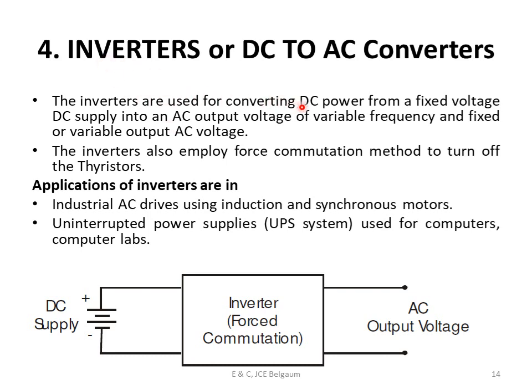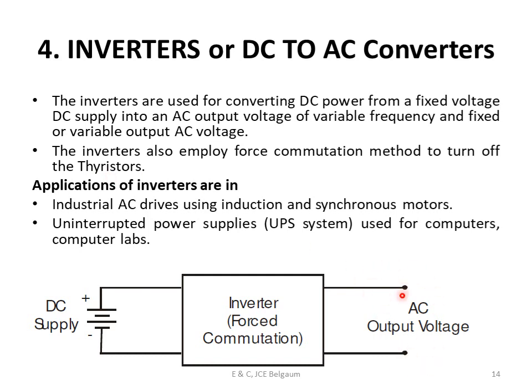So inverters are used to convert DC power from a fixed DC supply into an AC output voltage of variable frequency. The output could be of a very different frequency or of the same frequency, and a fixed or variable output AC voltage.